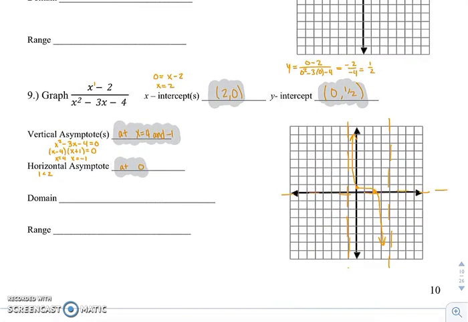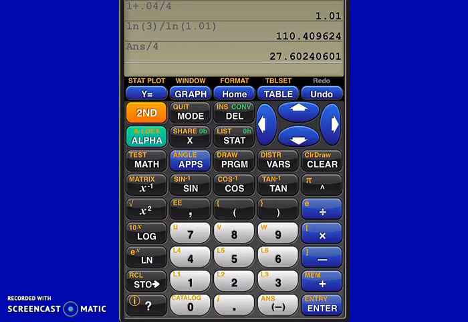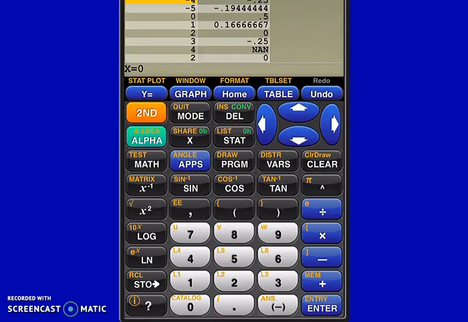And then let's find some more points for the left and right hand side there. So it looks like, well, let's do 2, 3. So negative 5.